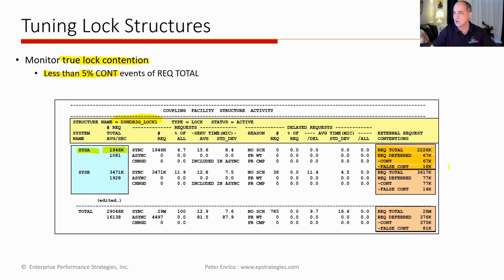And we want to make sure that the contention event number here, the 67,000, is less than 5% of the requests being made to the coupling facility. So it's 5% of this number. That's the math we want to do. If you want to calculate it, go do it.